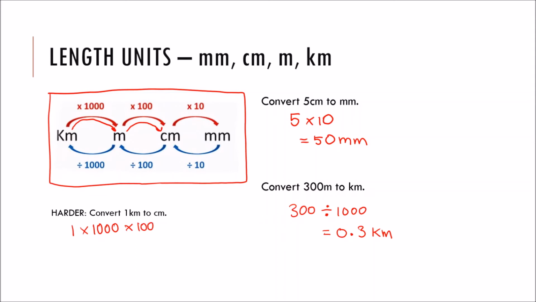So this will take me to meters, and then the next 100 will take me down to centimeters. And overall, that's going to give me 100,000. We can count up the number of zeros: 1, 2, 3, 4, 5 zeros, so I put in 5 zeros at the end.